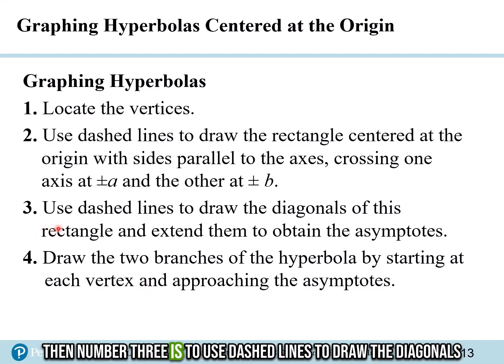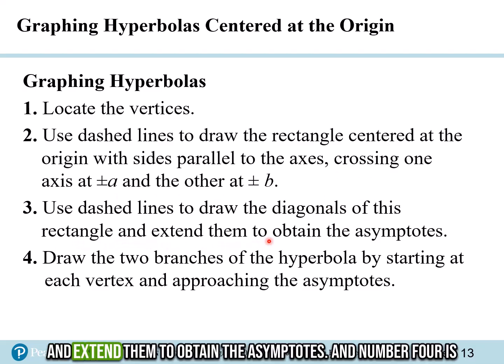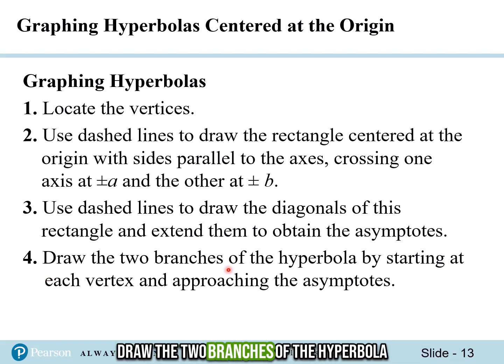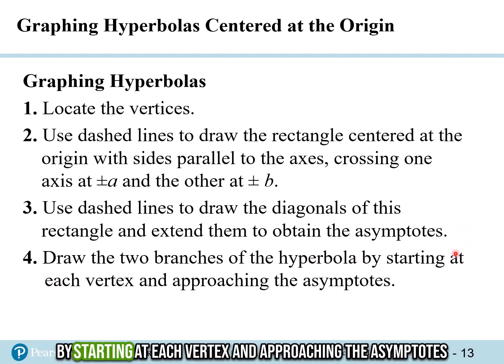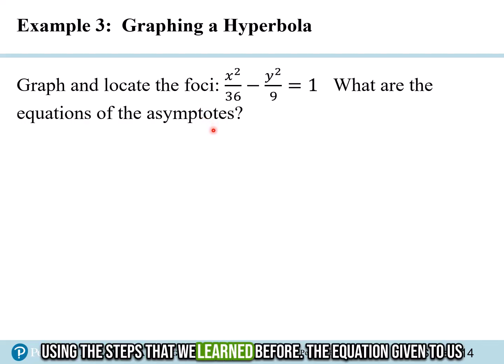And then number 3 is to use dashed lines to draw the diagonals of this rectangle and extend them to obtain the asymptotes. And number 4 is draw the two branches of the hyperbola by starting at each vertex and approaching the asymptotes.